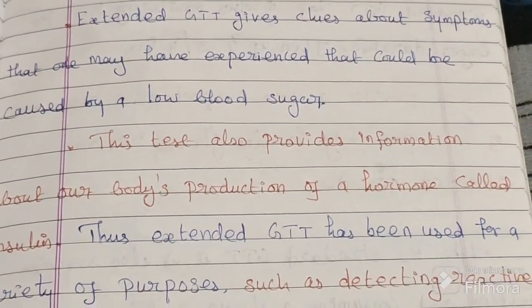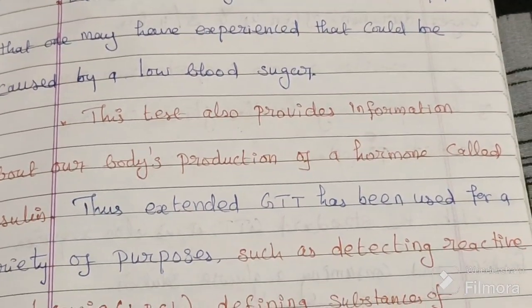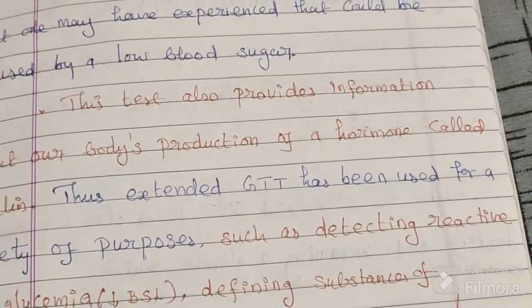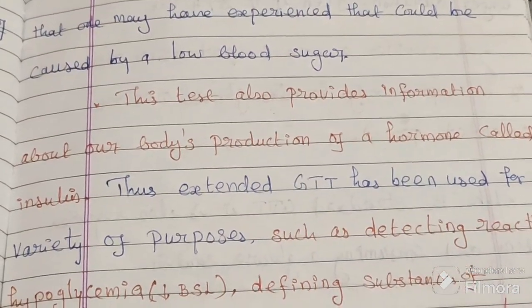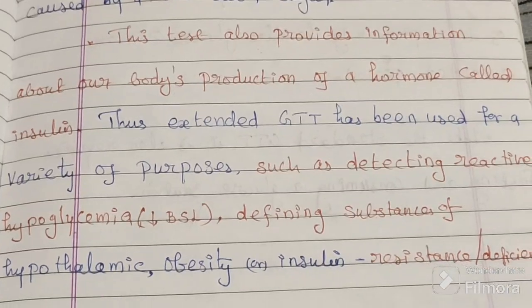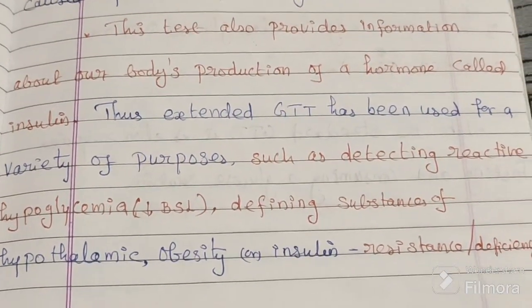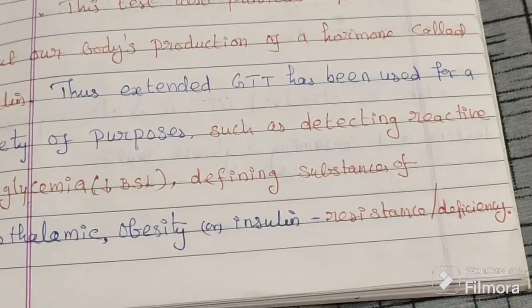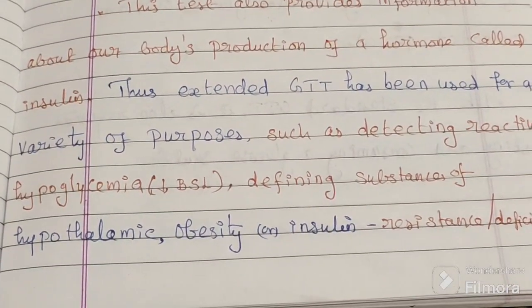This test also provides information about our body's production of hormones. Okay, so it is called that hormone, insulin hormone production estimation also we can do. Thus the extended glucose tolerance test has been used for a variety of purposes, such as detecting reactive hypoglycemia condition.